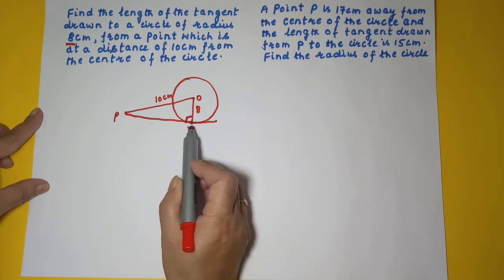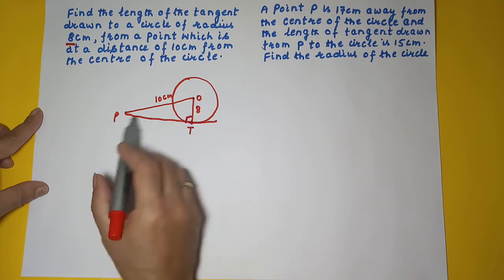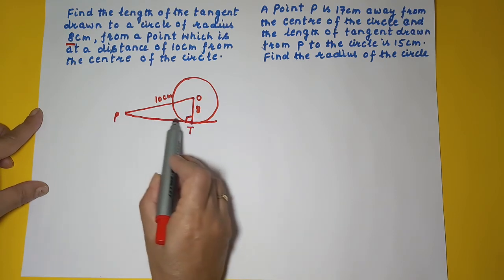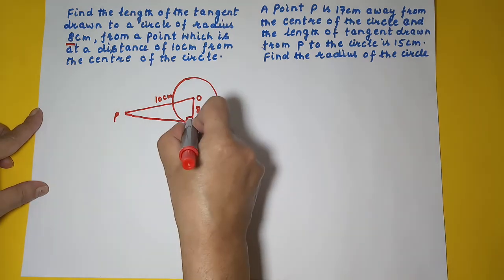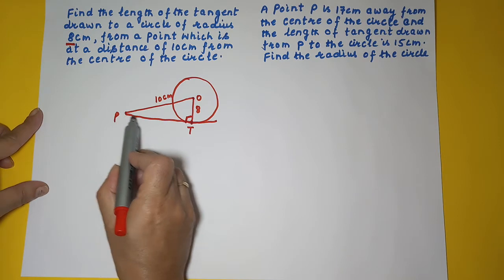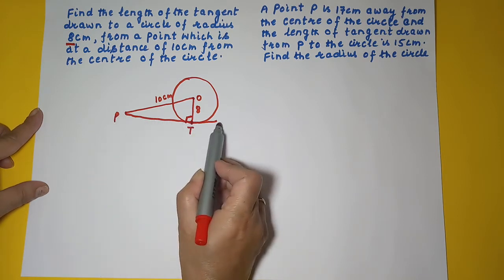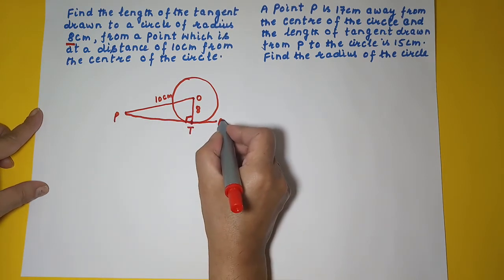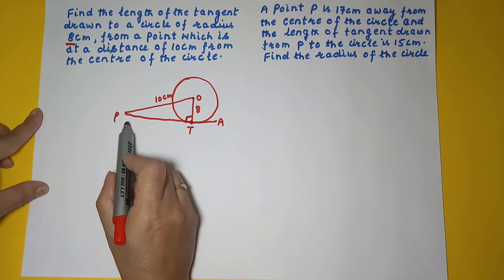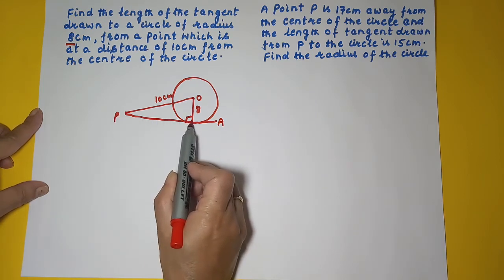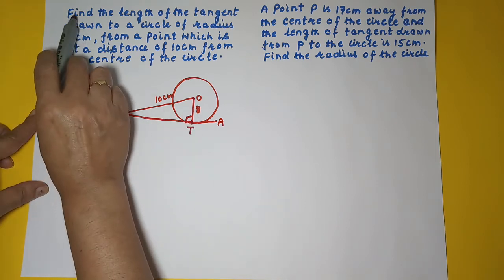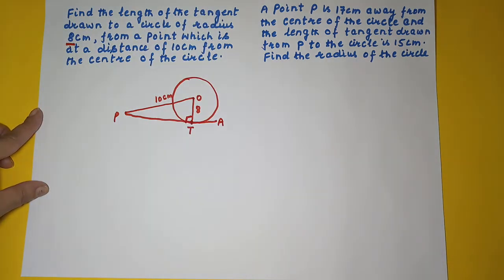One thing that you have to note here is that if you want to take the length of the tangent, it is from the point from which it originates to the point of contact. That means the length of tangent, if PA is the tangent to the circle, and if we have to consider the length of this tangent, it will be from P to T, right? That's what we have to find, the length of the tangent.